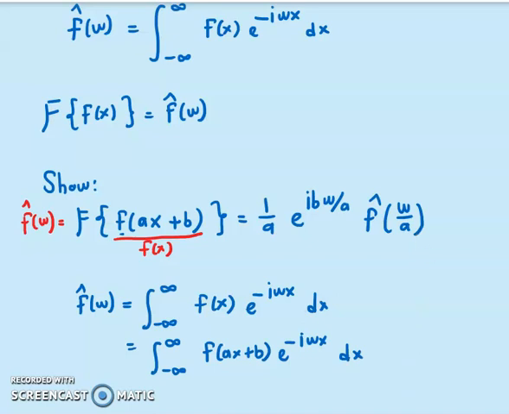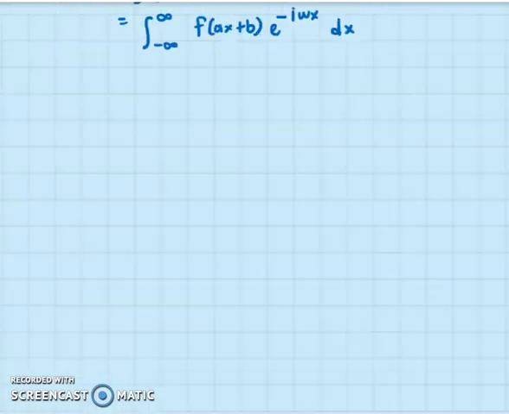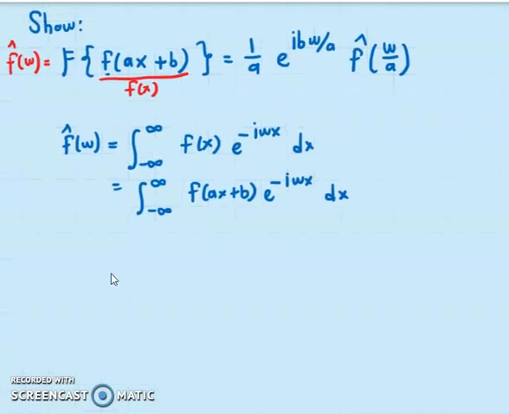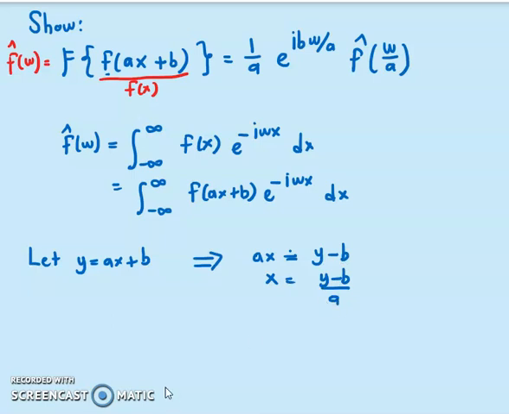Now the next step will be to solve this. How to solve this? Before we do this, for simplicity, we will let y equal ax + b. So we have ax equals y minus b, so x equals (y minus b) over a. Differentiating with respect to x, dy/dx equals a, so dx equals dy over a.